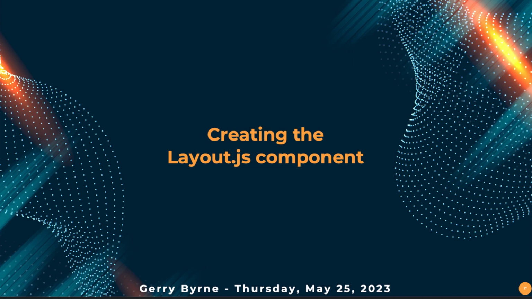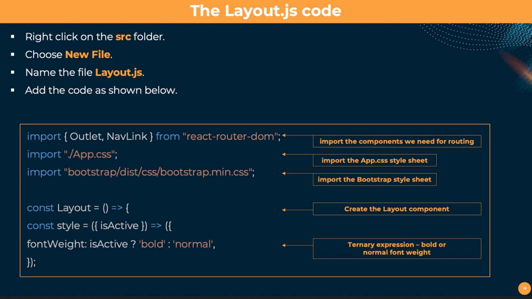So now what we need to do is we need to create the layout.js component, which we said was one of our routes. And this is going to be very simple. We're going to create a layout.js file, and we are going to import outlet and navlink for navigation. And the outlet is where the things will be displayed within this component.